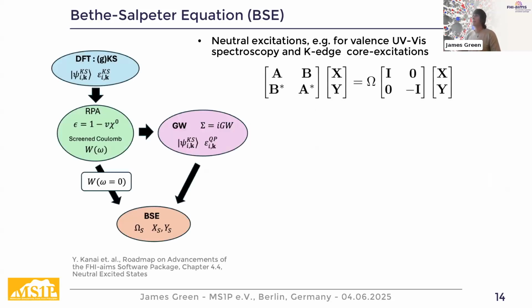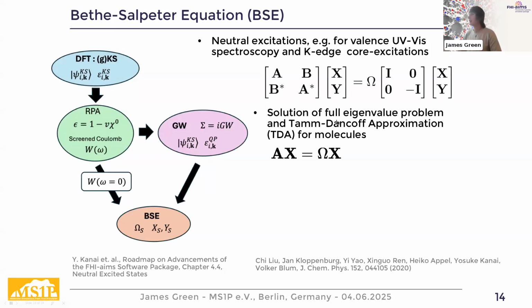For molecular systems, we have both this full BSE equation implemented, as well as the so-called Tamm-Dancoff approximation, where this B matrix is neglected. The implementation is described in this paper here from Chiu Liu in Blum's group.